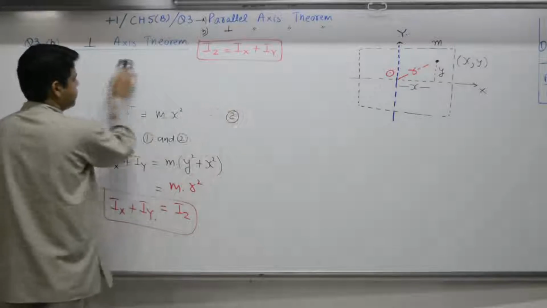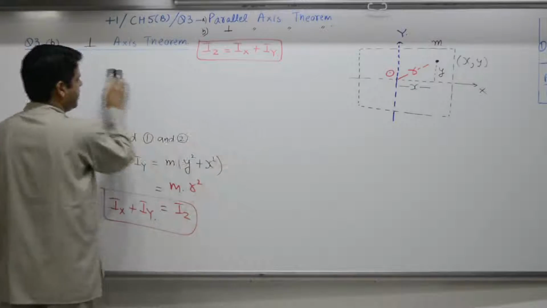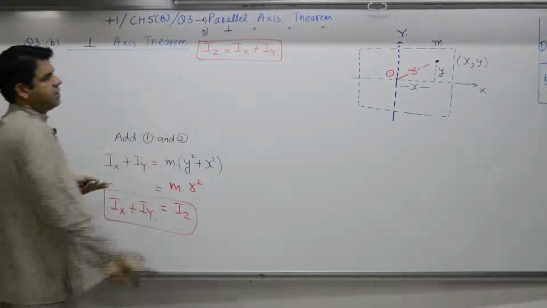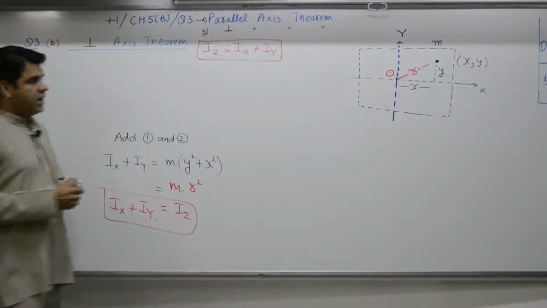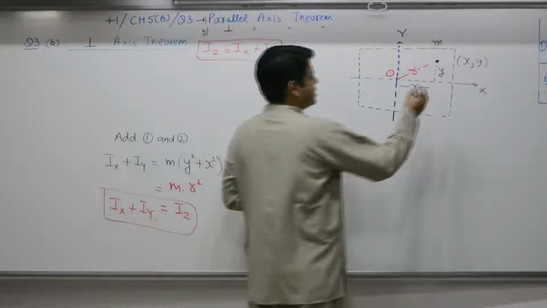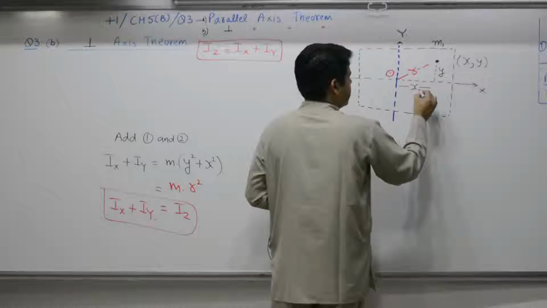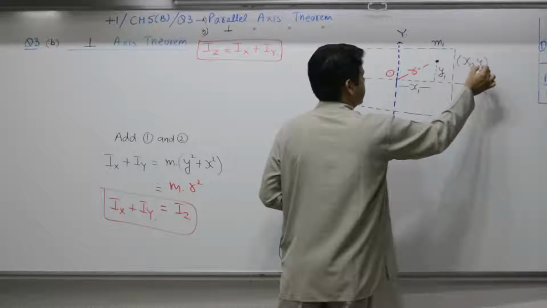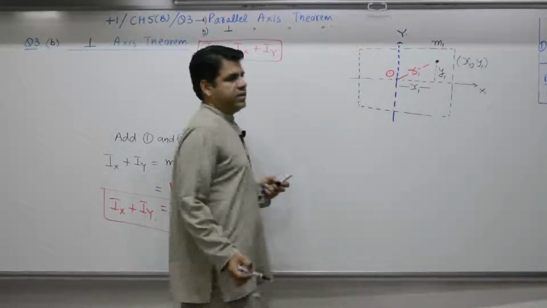Complete the derivation. This was the concept for one particle only. There are n number of particles. Let this mass be m1, with coordinates x1, y1 and distance r1.